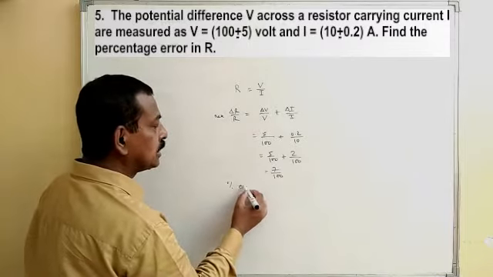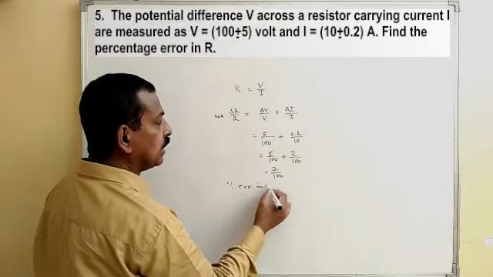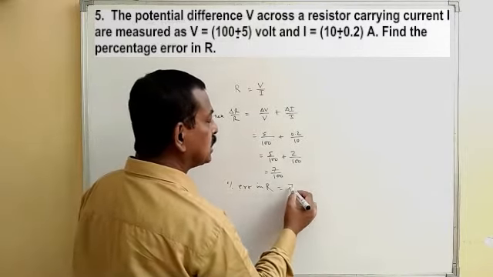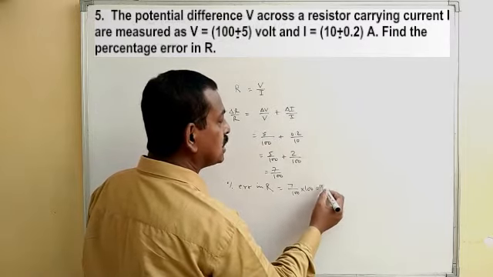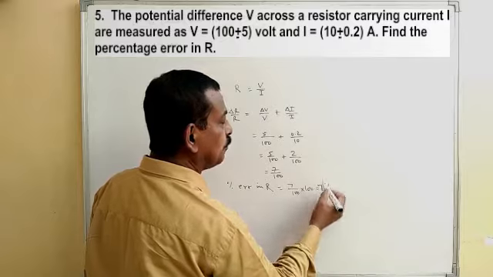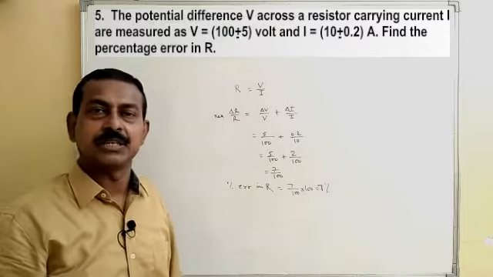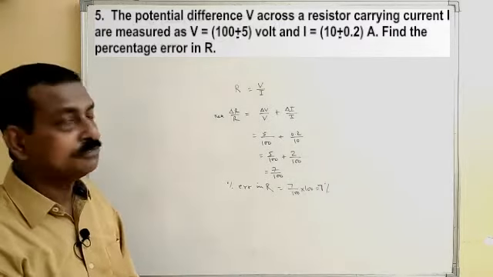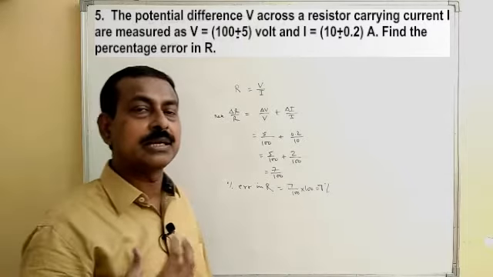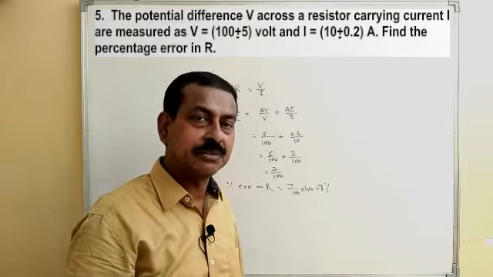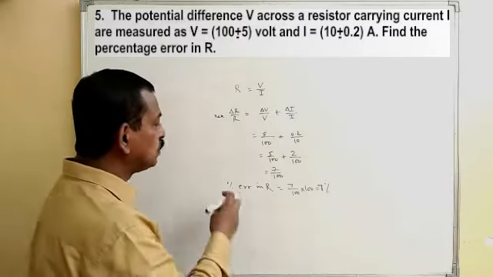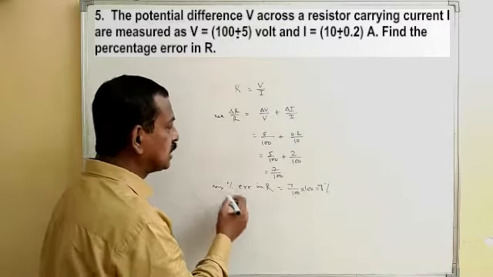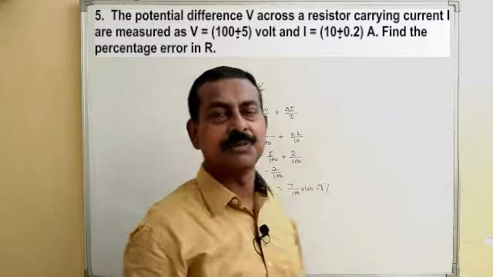Therefore the percentage error in R will be 7 by 100 into 100, that is 7%. So this will be the final result. For division, as you know, error is always added. The relative error which we are taking is always added there. So in that case it will give you the maximum percentage error in R as 7%, and that will be the answer.